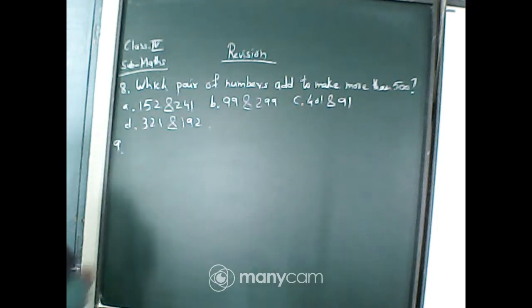Yes, it is option number D. Give a tick mark in option number D. That means if you add 321 and 192, it is more than 500.